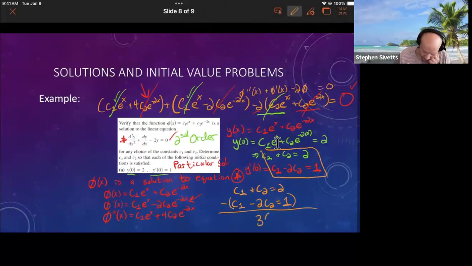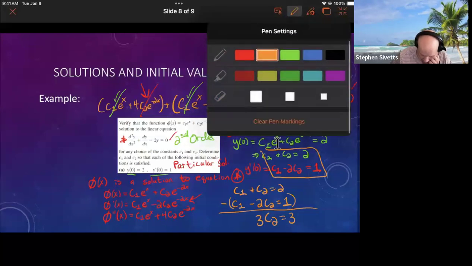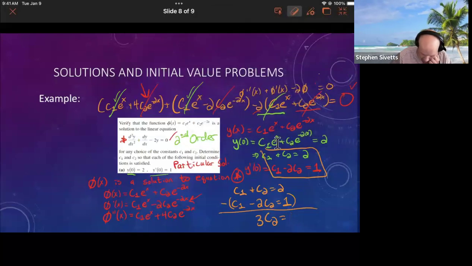So we'll have 3 times c2 equals 3. I'm sorry, 1. 2 minus 1 is 1. And so c2 is 1/3. And if c2 is 1/3, c1 is equal to 2 minus 1/3, which is 5/3.